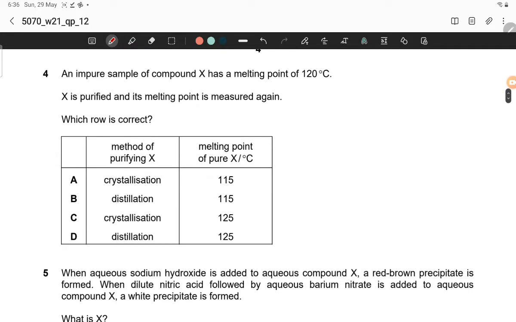An impure sample of compound X has a melting point of 120 degrees centigrade. X is purified and its melting point is measured again. Which row is correct?